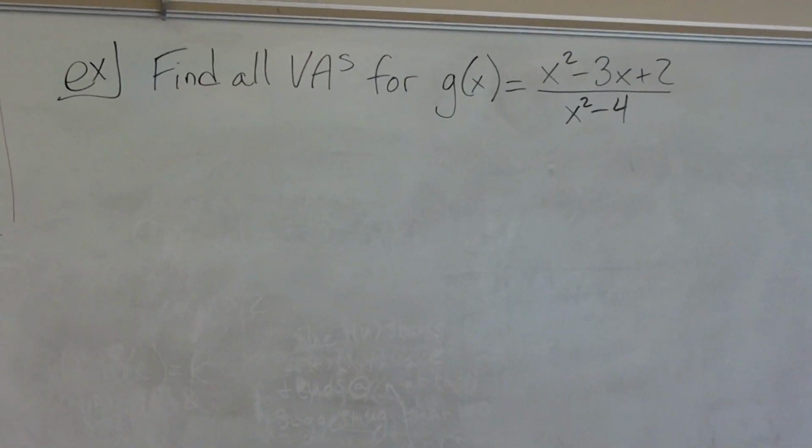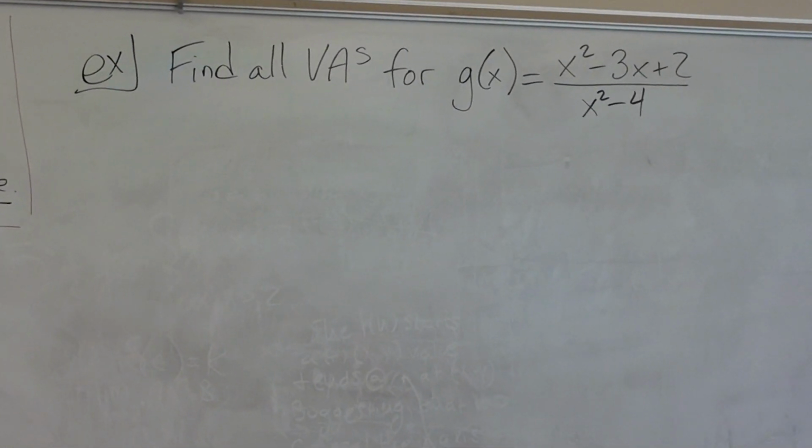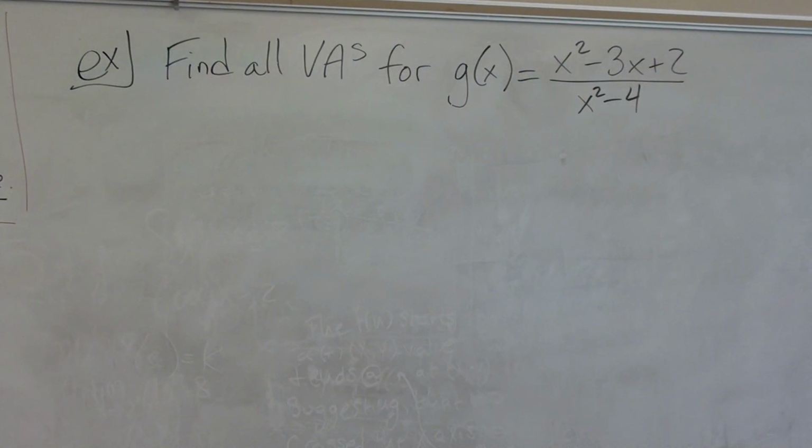Alright, so you decide what is a vertical asymptote and answer appropriately. I can check. I wrote this down in my notes like 80 million years ago.